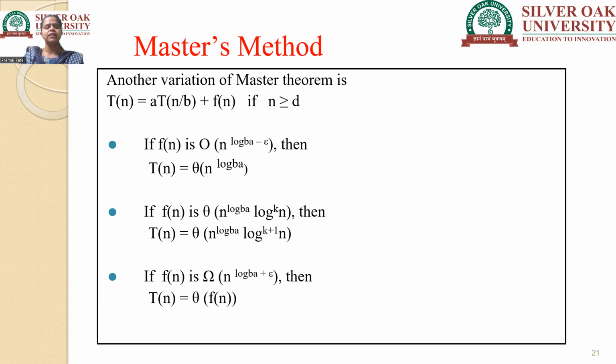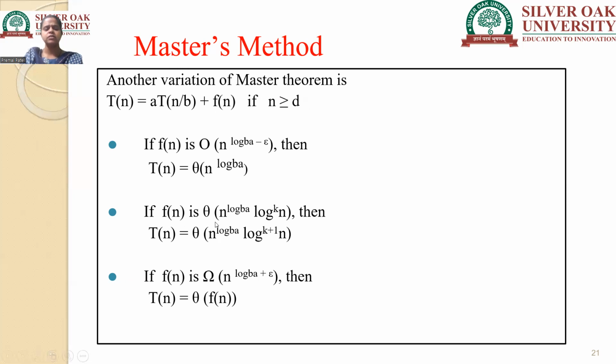Now there are three other advanced formulas given to solve the recurrence equation using the master's method. Here is another variation of the master theorem: T of n is equal to aT(n by b) plus f of n if n is greater than or equal to d. If f of n is big O of n raised to log a base b minus epsilon, then T of n is equal to theta of n raised to log a base b.